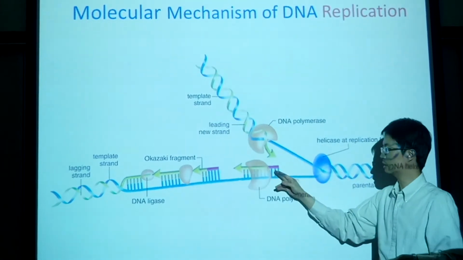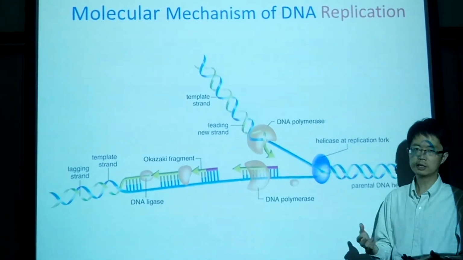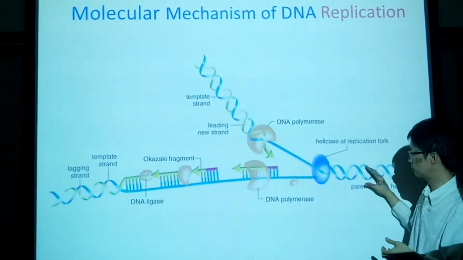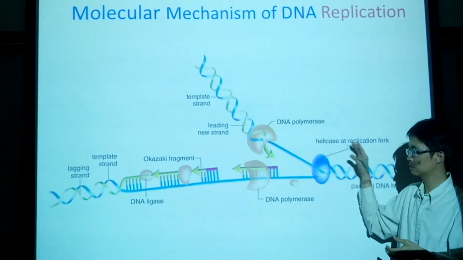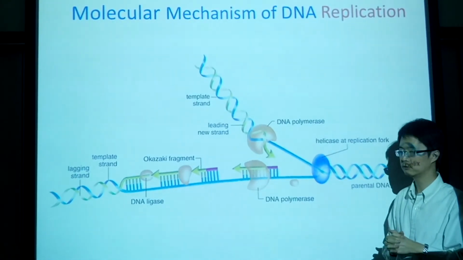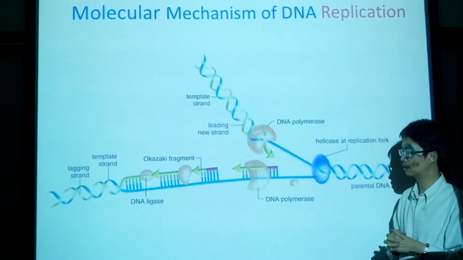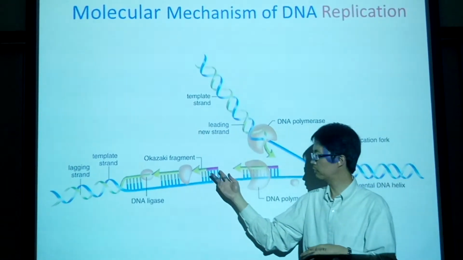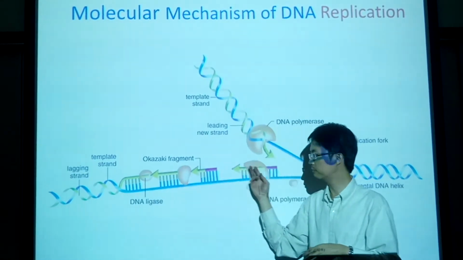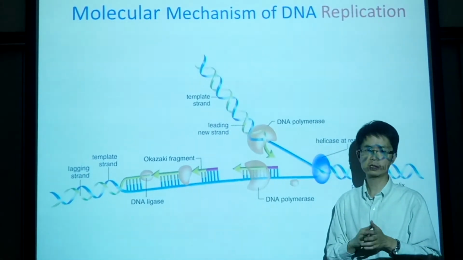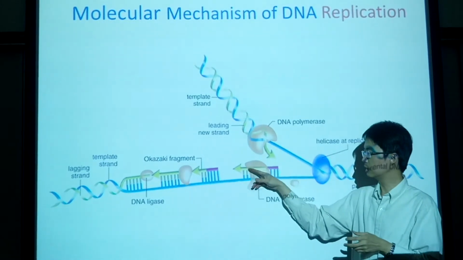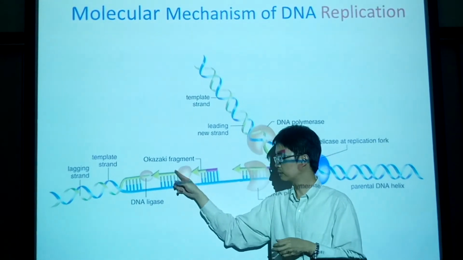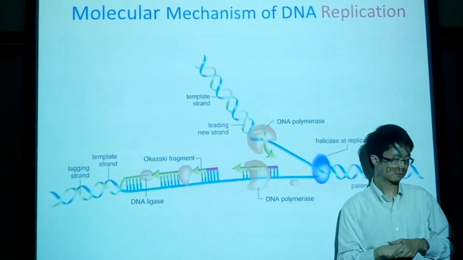So it really depends on how much the helicase unwinds the strand, so that the DNA polymerase can keep on going back to the newly unwound DNA as a template to replicate the lagging strand. And as I told you before, these fragments are Okazaki fragments because they were discovered by a Japanese scientist. For these fragments, we require DNA ligase to seal them, that means to connect the fragments together.